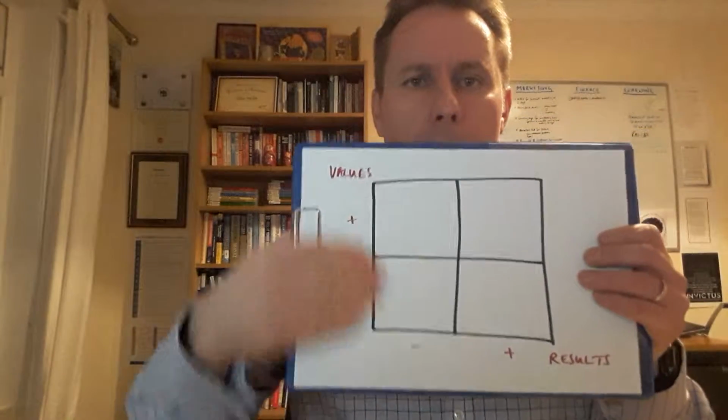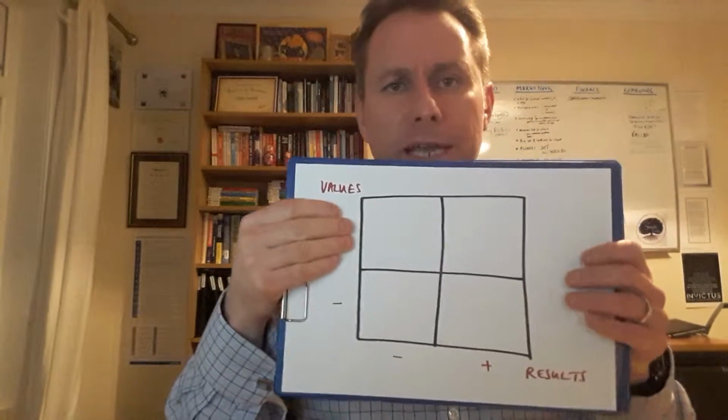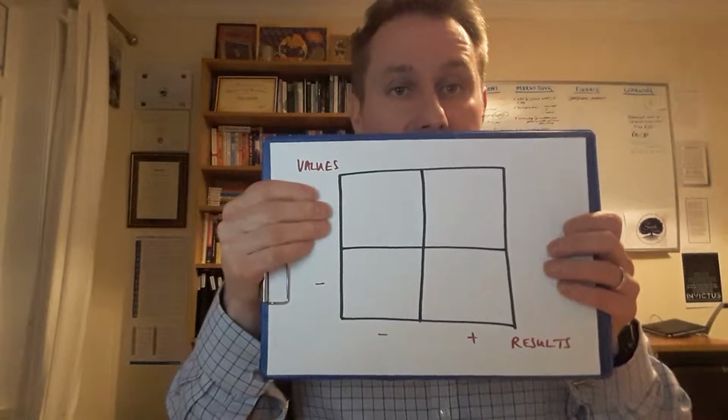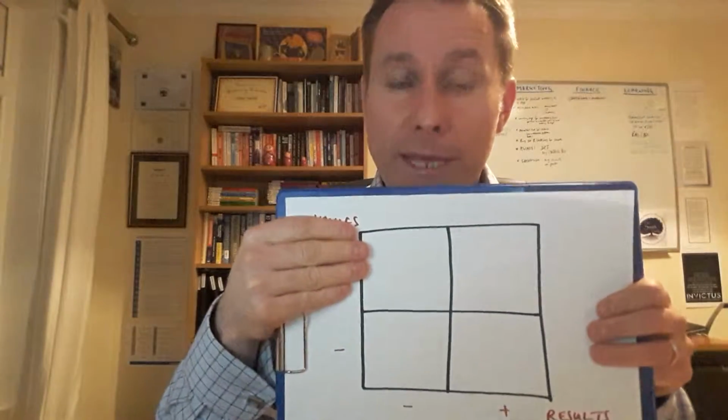Okay, moving up. We've got people who are displaying the correct behaviours, who have the same values that you have as a business owner, but they're not performing yet. So again, these are good people. The key way to manage these people is they need training and coaching.